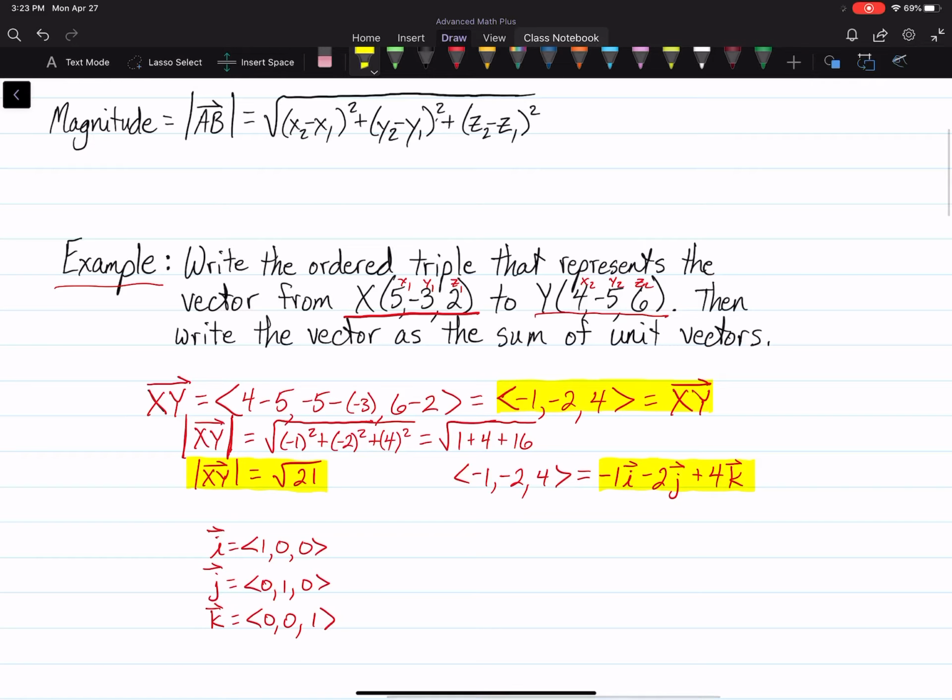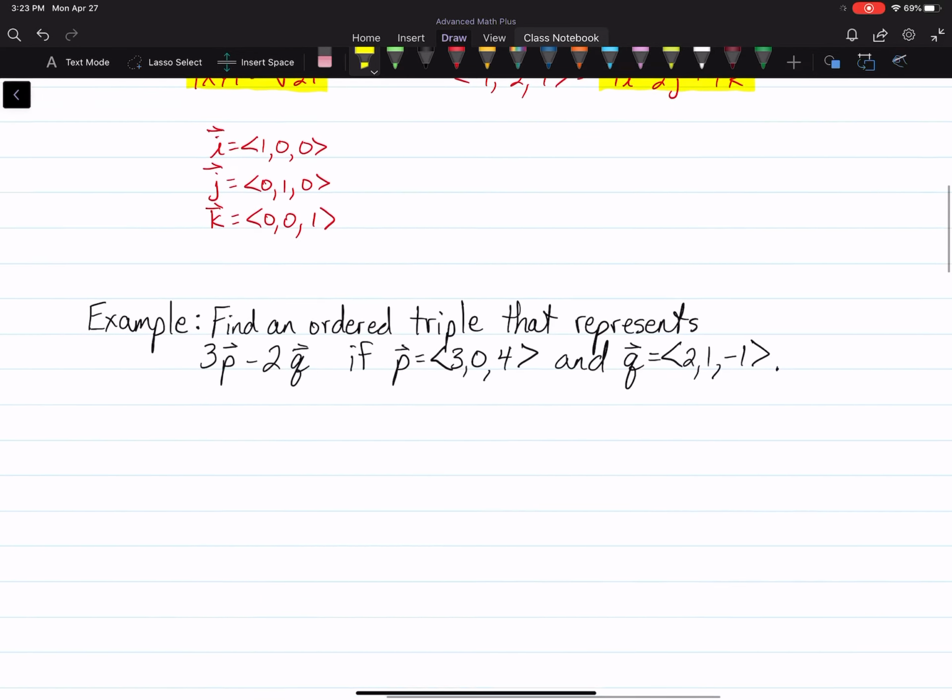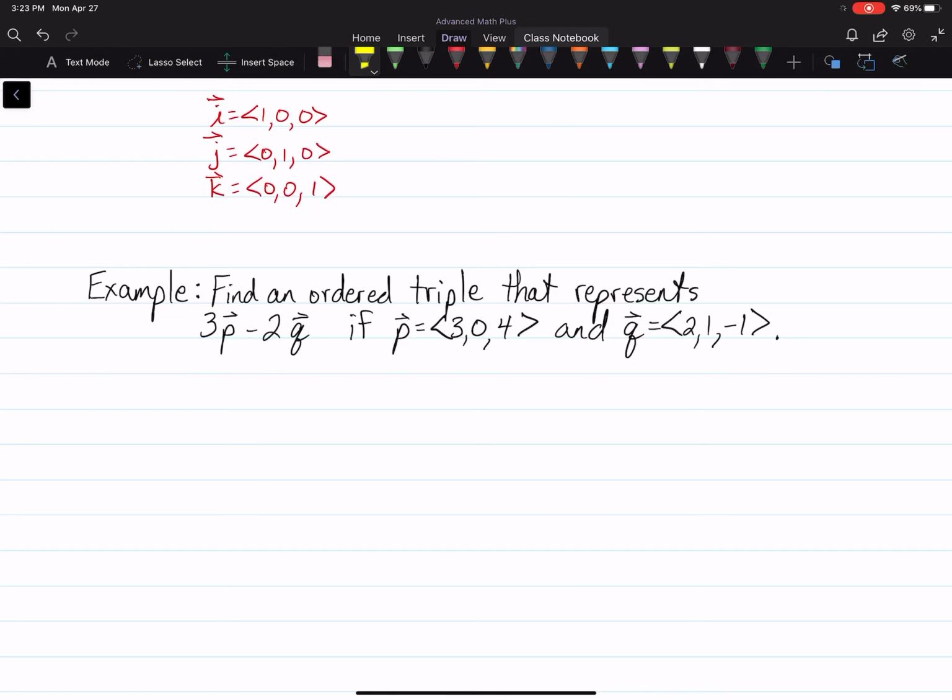All right. Another example you may have to work is algebraically working with your vectors. So here's another problem. It says find an ordered triple that represents 3 times vector p minus 2 times vector q. And it tells you what vector p is, and it tells you what vector q is. And basically, you're just plugging in here. So 3 times vector p is 3(3, 0, 4).